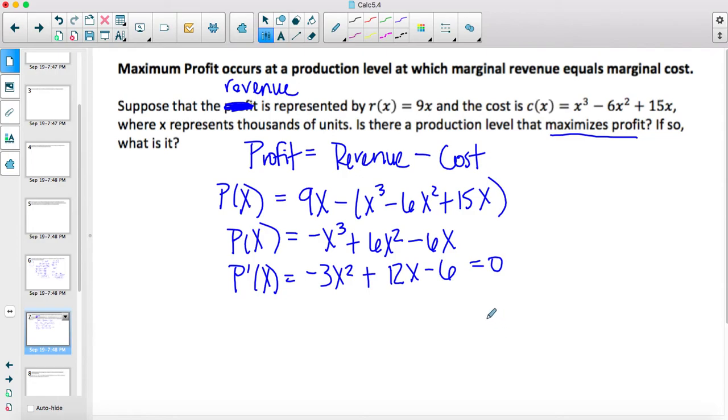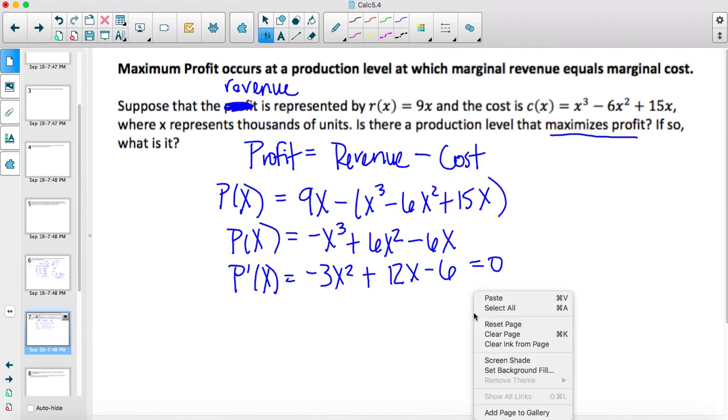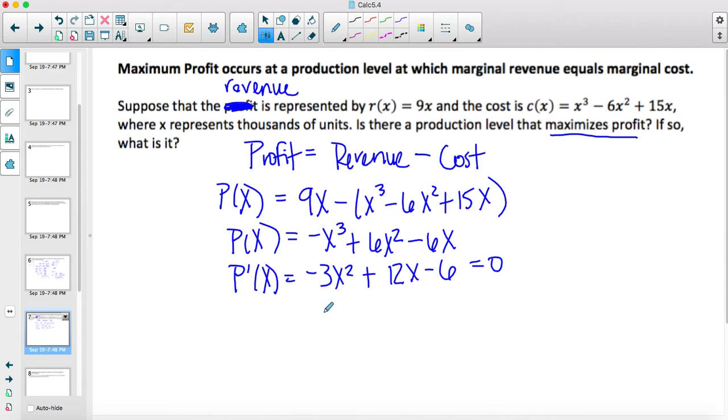All right, so what I'm going to do is use my calculator, and I'm going to graph and see if I can figure out where this function equals 0. So you do this, I'm going to do this at the same time, and see what we get. So y equals negative 3x squared plus 12x minus 6.